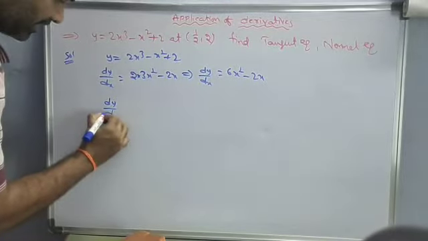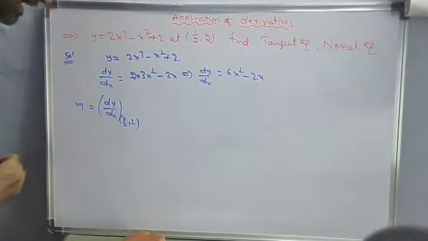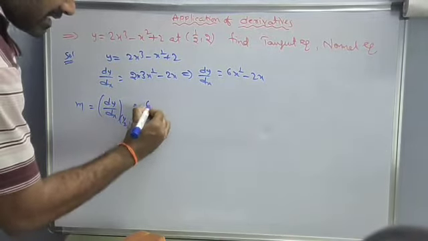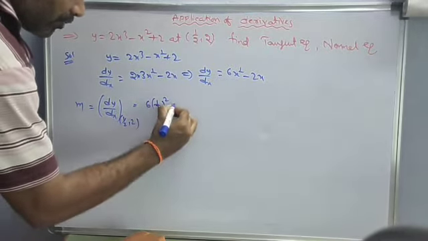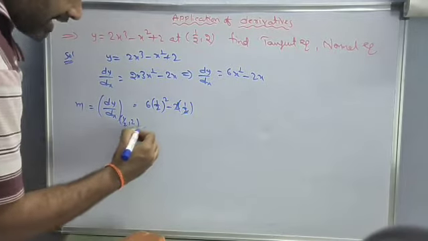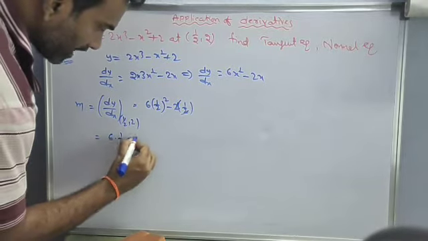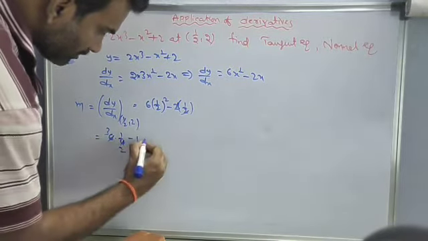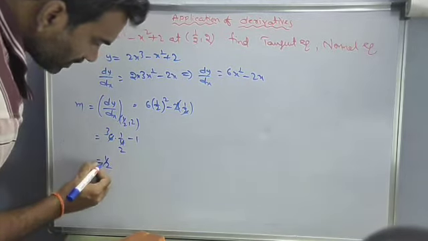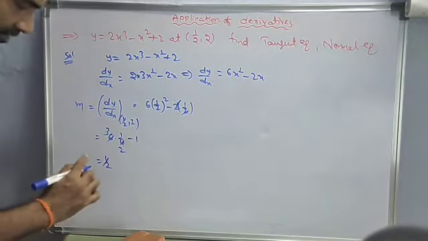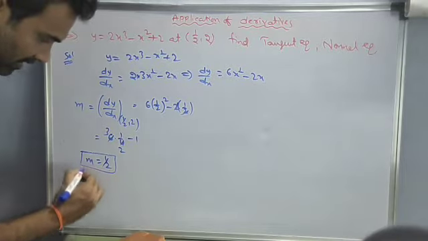We need dy by dx at the point (1/2, 2). So m equals 6 into (1/2) whole square minus 2 into 1/2, which is 6 into 1/4 minus 1. That is 3/2 minus 1, which is 1/2. So the m value is 1/2.